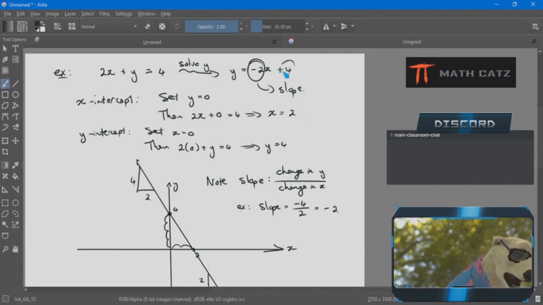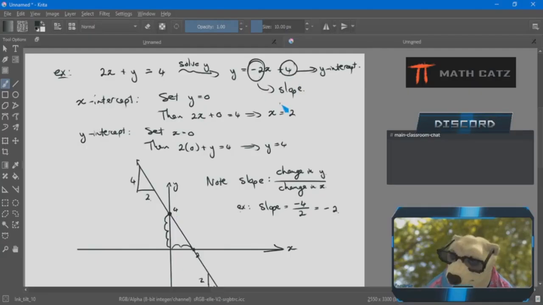Also note that this 4, the constant term that I get when I solve for y, is always going to be the y-intercept, because I get the y-intercept by setting x equal to 0, and then I would exactly get that extra constant term.